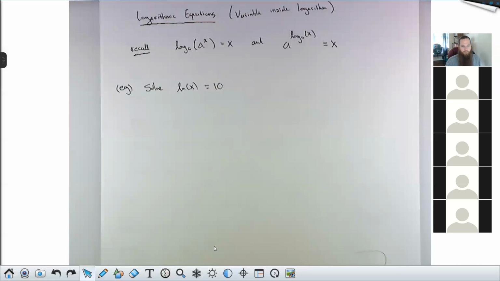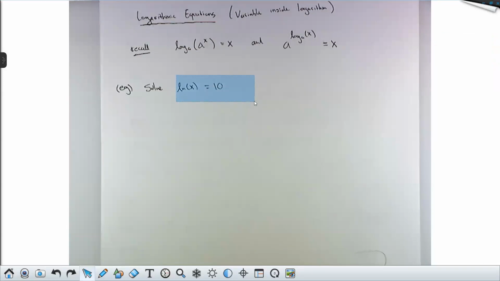Solve ln x equals 10. Now you could try to reason your way there by saying, okay, so ln x equals 10. That means I'm asking, to what power must I raise e in order to get x, or e raised to the 10 equals something, I don't know. But what's better is to have a procedure, right?